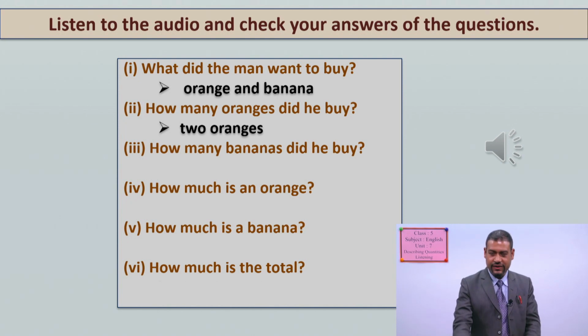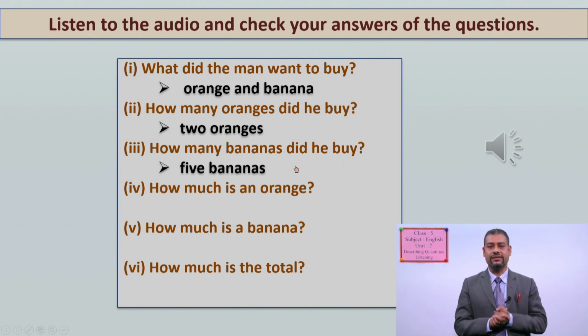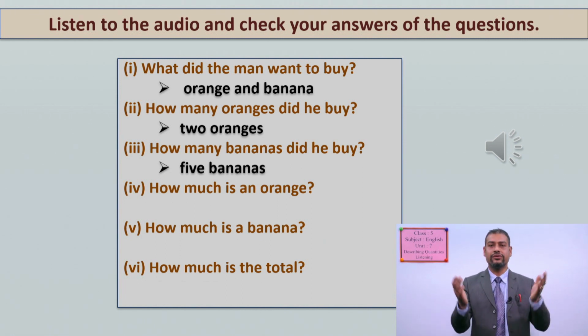So the number of bananas he bought is 5 bananas. He says 5 of them. Have you heard it very clearly? That's why your answer should be 5 bananas. So if you have written 1 or 3 or 4 or 2 or some bananas, you have to correct and write down 5 bananas.